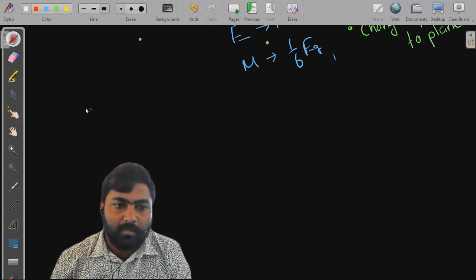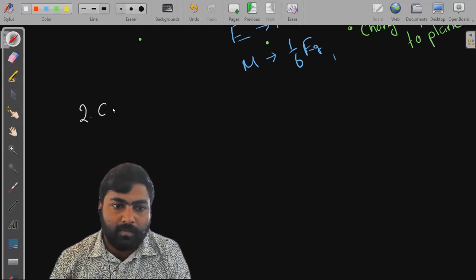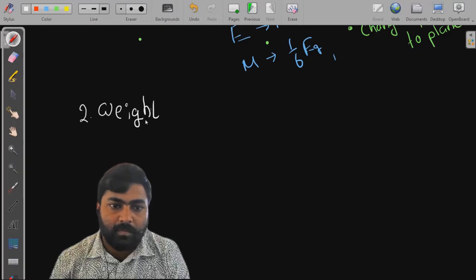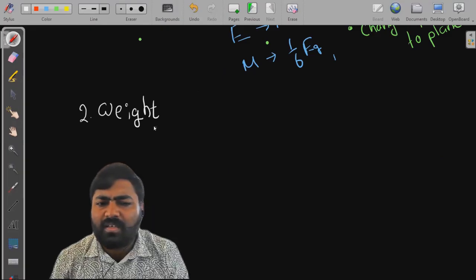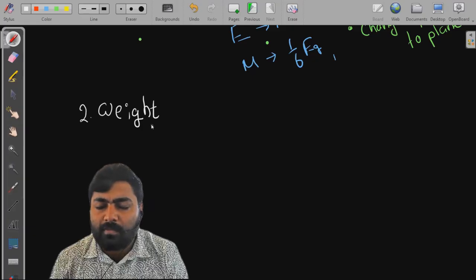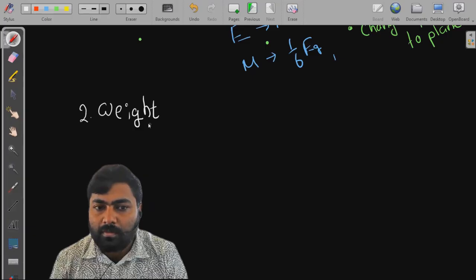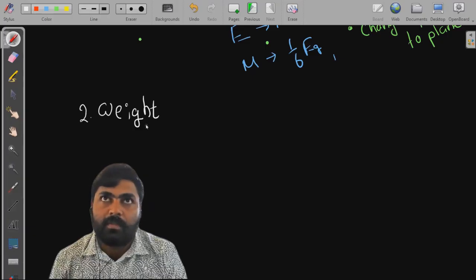That is weight. The second one is weight. Sir, should I write the unit also for gravitational force? Force, what is the unit?